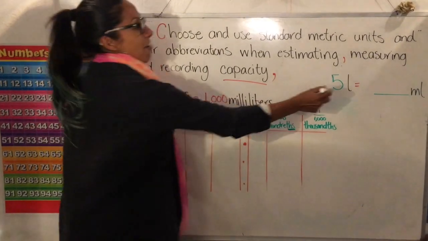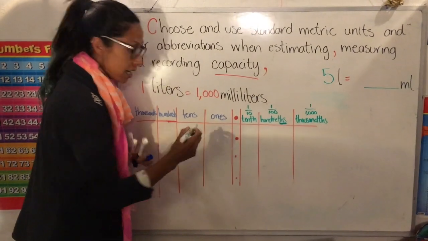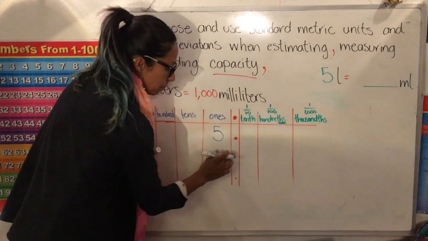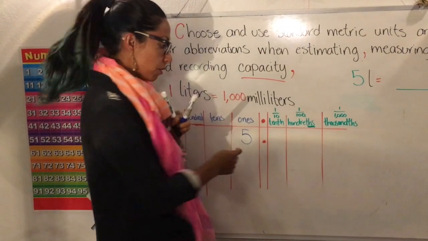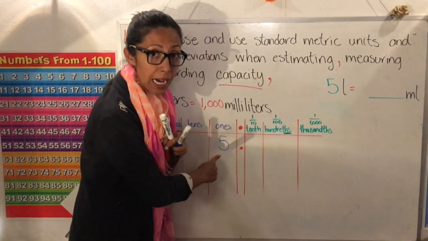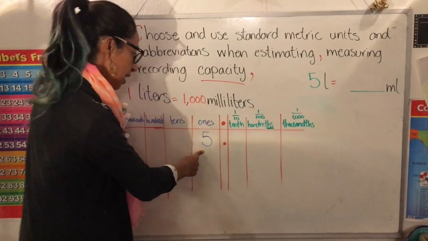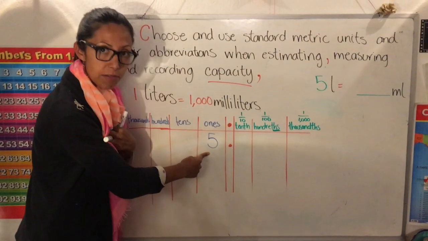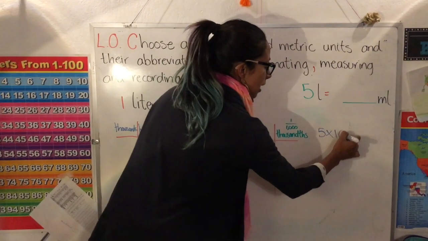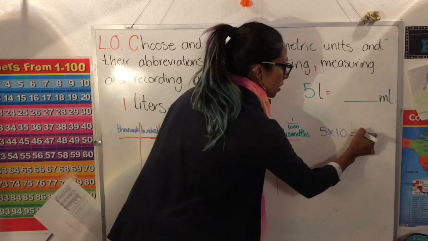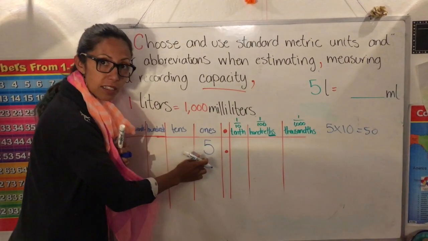I'm going to place 5 in the place value grid. As I said before, every number has a decimal point on the right. If we multiply 5 times 10, we will get 50, right? 5 times 10 equals 50. So what happened to this number?